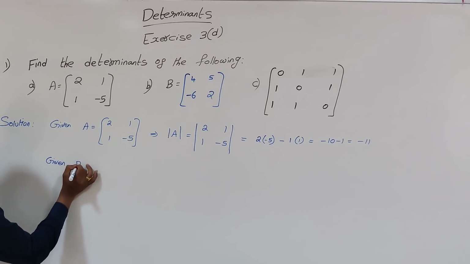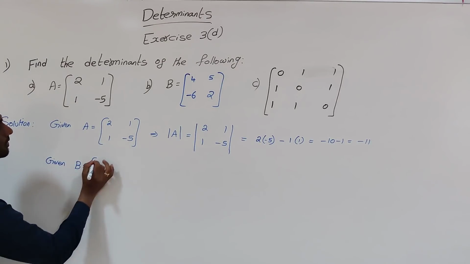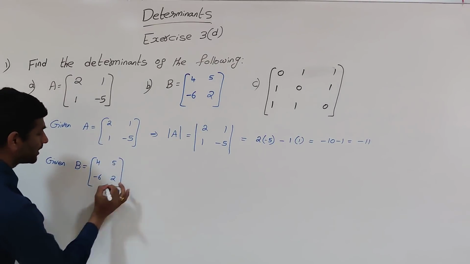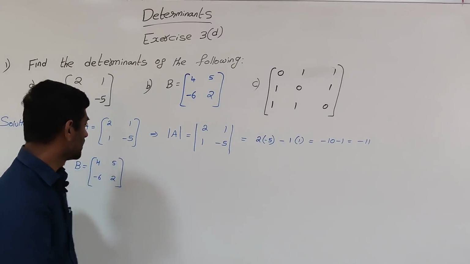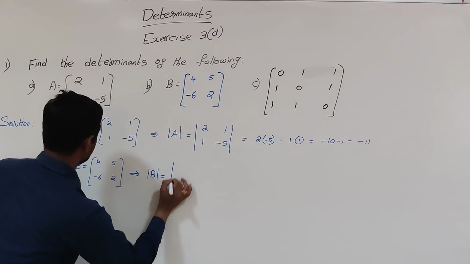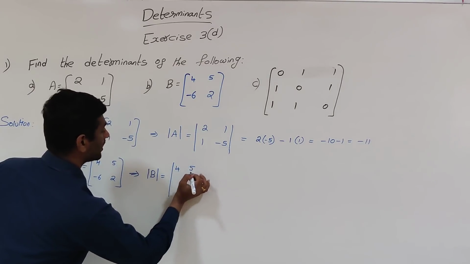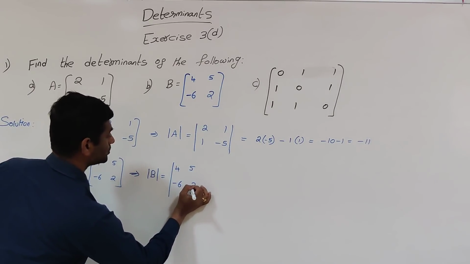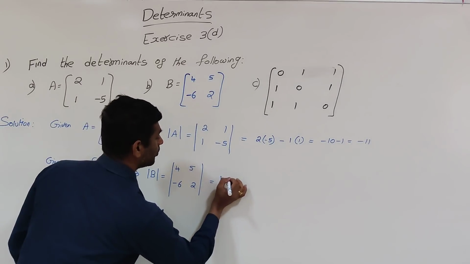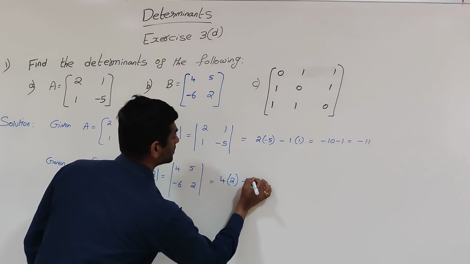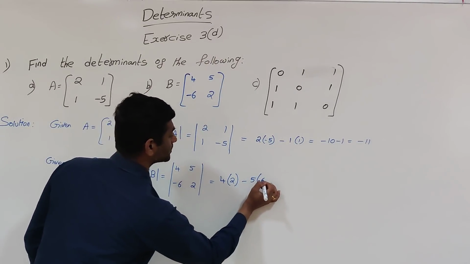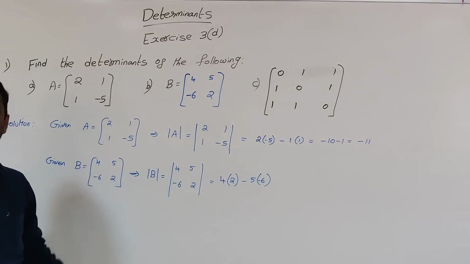Given B is 4, 5, minus 6, 2. Again it is a 2 by 2 matrix, and we'll see what is the determinant of B. Determinant of B is 4, 5, minus 6, 2. Product of diagonal elements 4 into 2 minus 5 into minus 6.